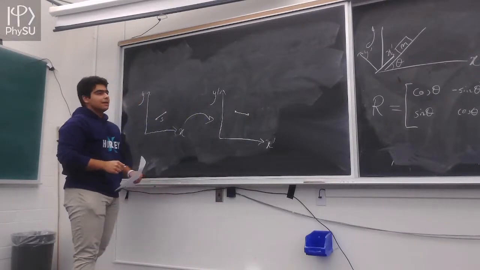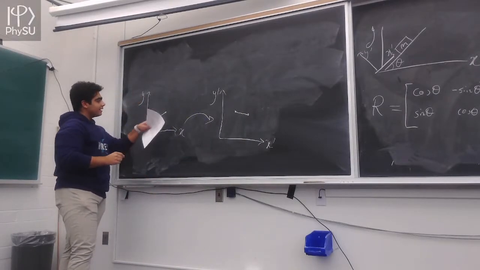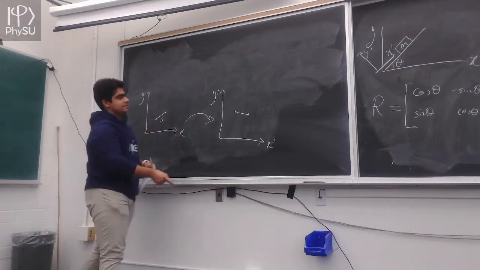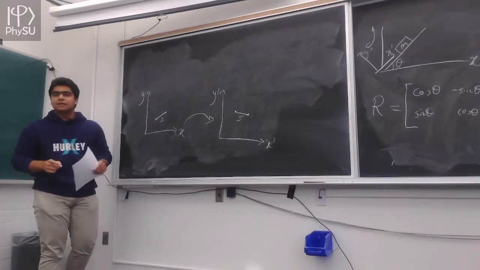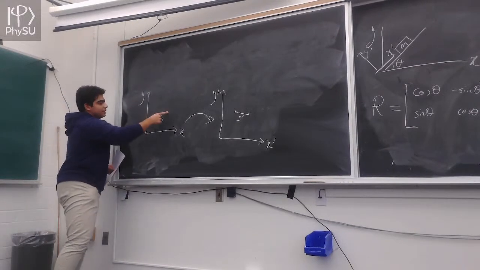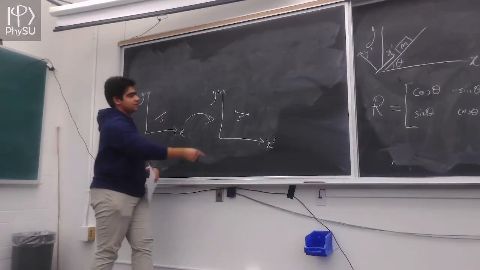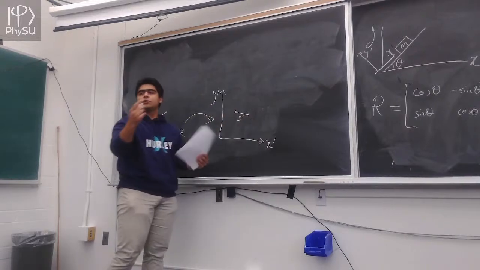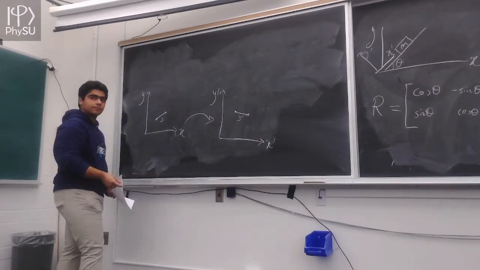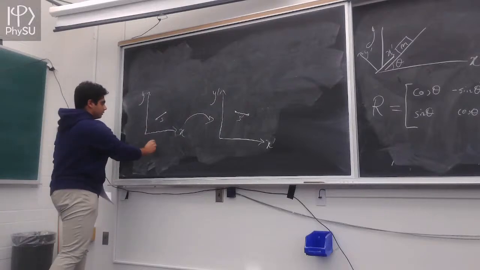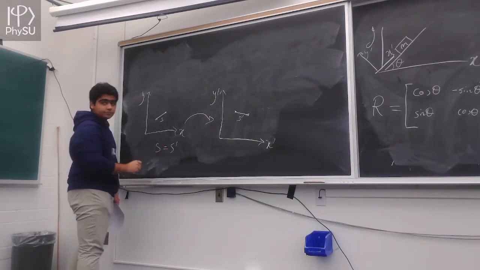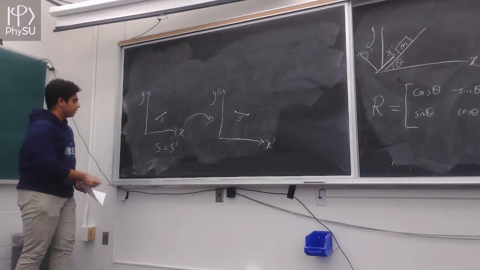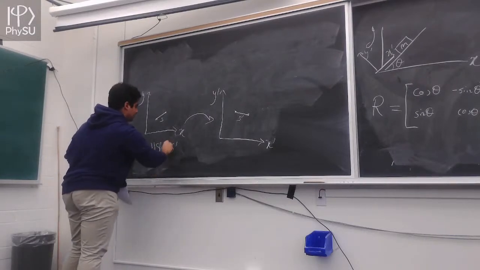Now, if the length of this segment S in S prime is preserved, then numerically, you measure this with xy, and then you measure this with x prime, y prime, and there wouldn't be any difference, right? So S must equal S prime in terms of length or magnitude of S.